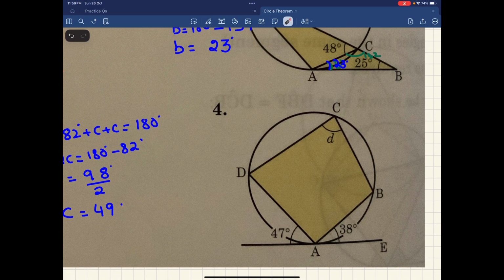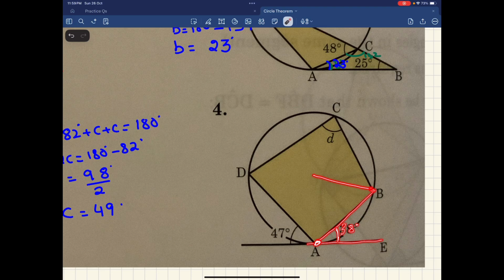So we know that this is 47, this is 38. This is the tangent. So the angle made between the tangent and a chord. Here we are talking about chord AB. At the point of contact, they make an angle of 38 degrees. So that is going to be equal to the angle made by the ends of the same chord, so ends AB in the alternate segment.